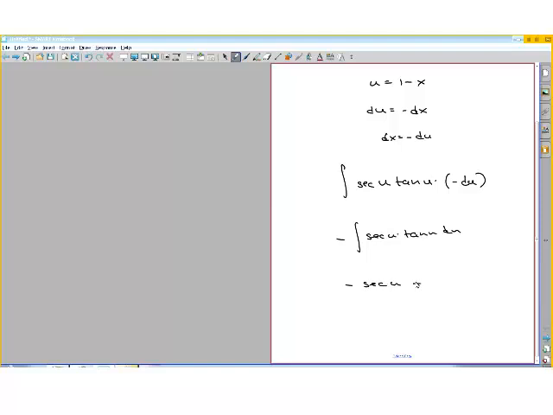So we know this integral is secant of u plus arbitrary constant c. Then we make the substitution back in, so we get secant of u, but u is 1 minus x. That's our answer.